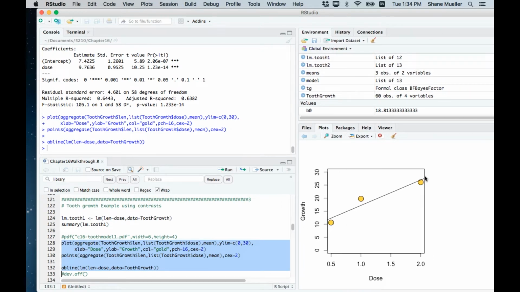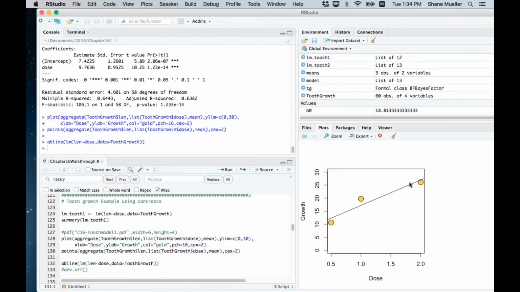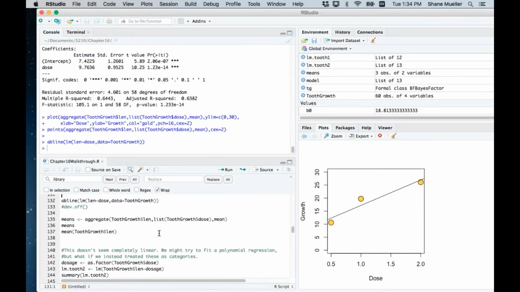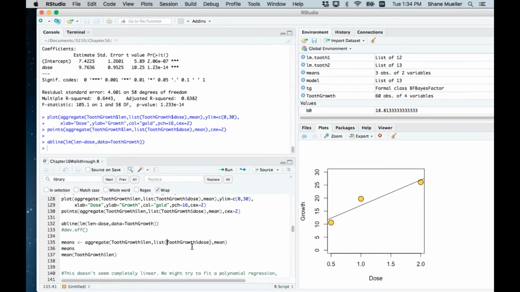It looks like a big jump and then a smaller jump. So that violates one of my assumptions. So maybe what I want to do is model each of these as different levels of a factor. So there are 3 different levels, and I don't really care that they're in order or that it's the same difference. I want to be able to tell if this differs from this and this differs from this. Well, that's not too difficult to do.